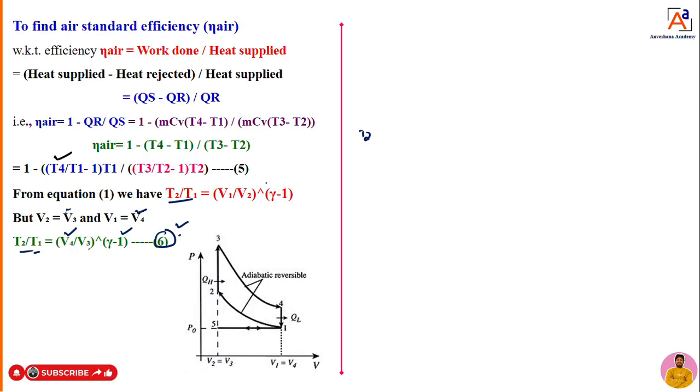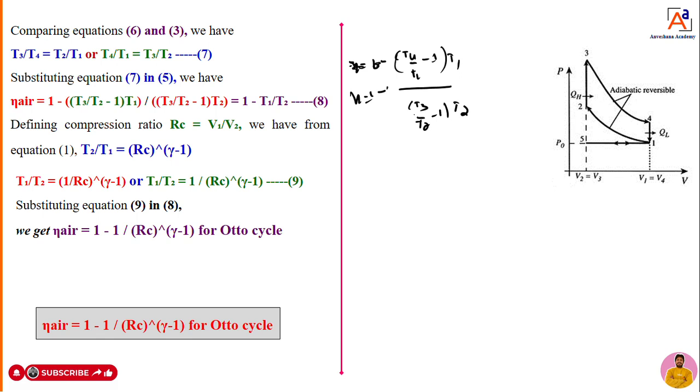Is it right? So now from this equation, what is the value of T4 by T1? Here you need to substitute. T4 by T1 is T3 by T2. I will substitute.